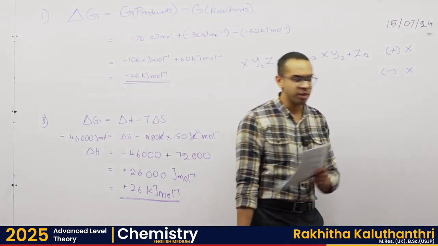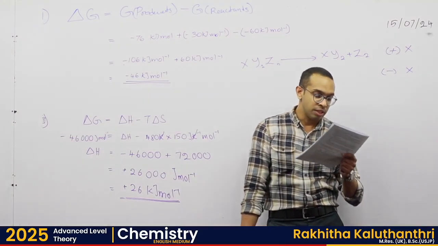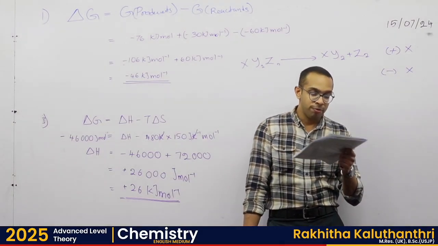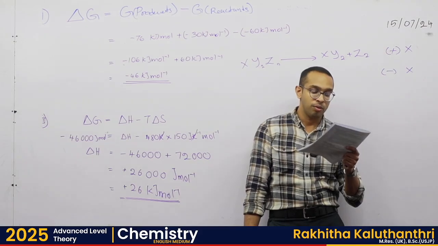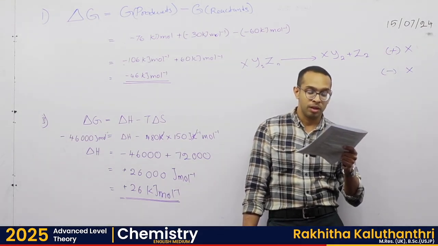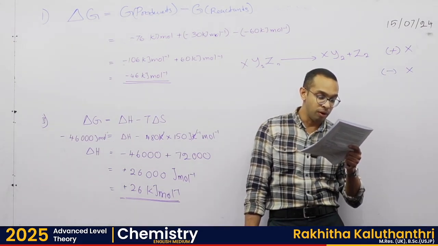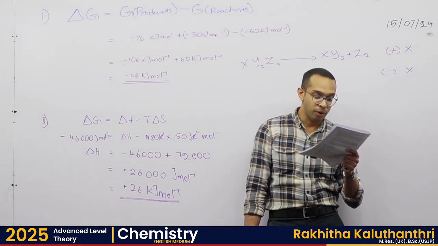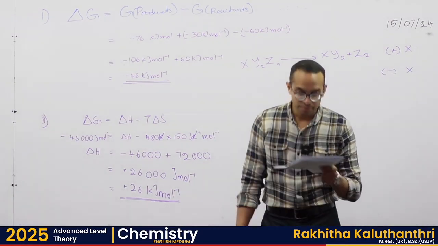Now the fifth one is not that difficult, students, if you know bond enthalpy related knowledge. If the bond enthalpy of the XZ bond in XY2Z2 gas is plus 250 kilojoules, calculate the bond enthalpy of the ZZ bond.